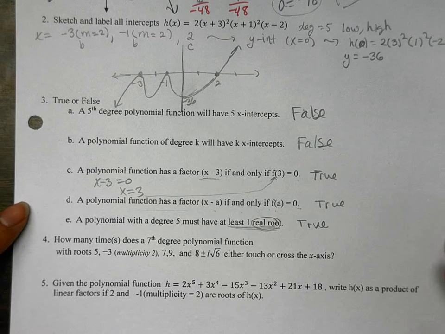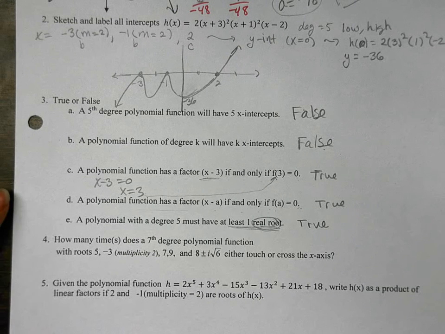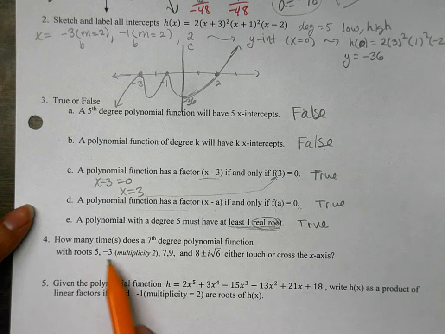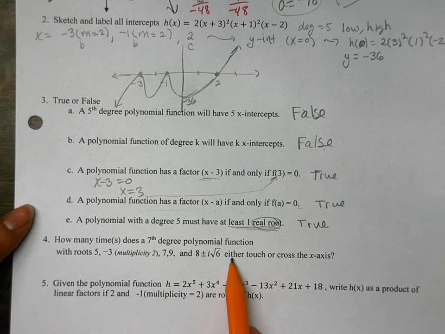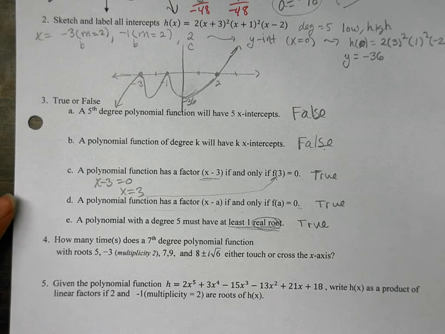How many times does a 7th degree polynomial function with roots 5, negative 3, 7, 9, and so on either touch or cross the x-axis? I'm going to have you figure that out.